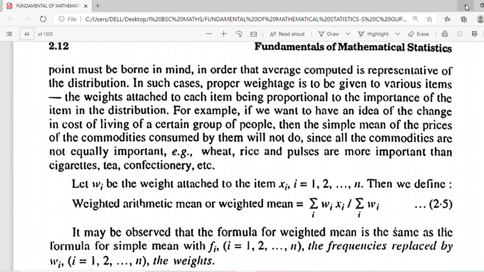If you are applying for a mathematics course, then the weight for mathematics will be different from the weights for other subjects. More weight will be assigned to the mathematics mark, or more weight will be assigned to the science subjects. That means sometimes we have to assign different weights for different observations.